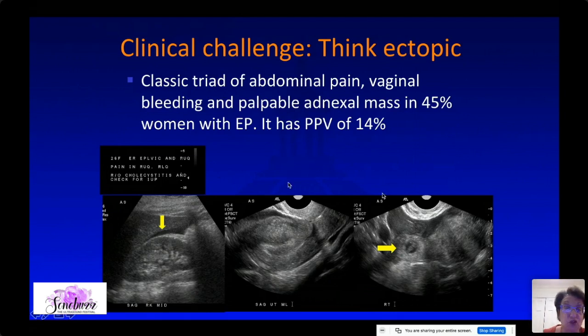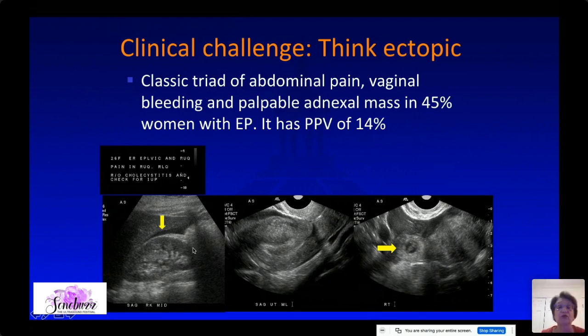So we looked in the pelvis, and of course she did not have an IUP, but she had an ectopic pregnancy with blood in the pelvis as well as blood in Morison's pouch, and that was what brought her to the emergency room, her right upper quadrant pain.